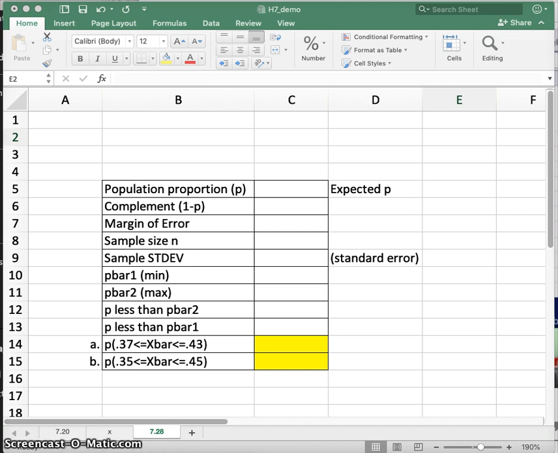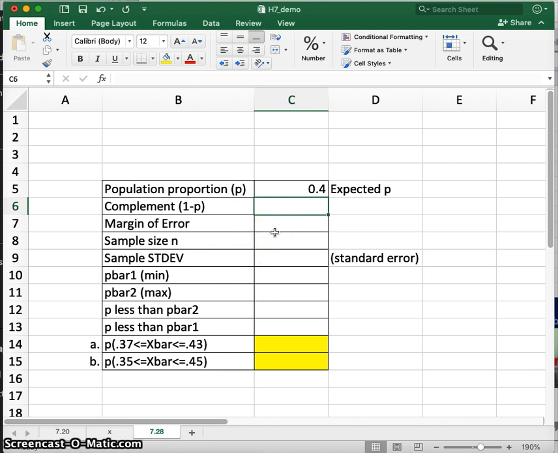So let's look at problem 28 in your book. It's a simple problem. It says a population proportion is 0.4, or 40%. That's the population proportion, or P in the standard error formula.